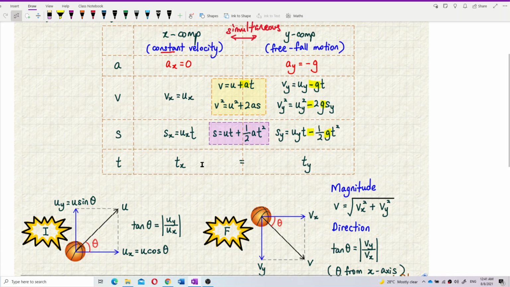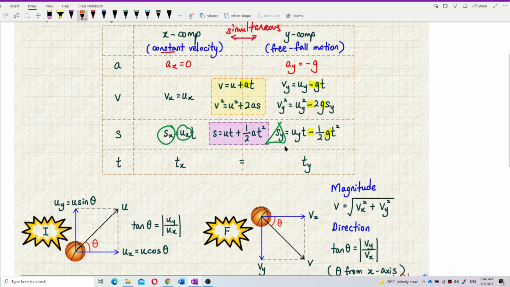These two formulas will link to each other. Let's say the question gives you Sx and Ux, and asks you to find Sy. How do you do that? Very simple.